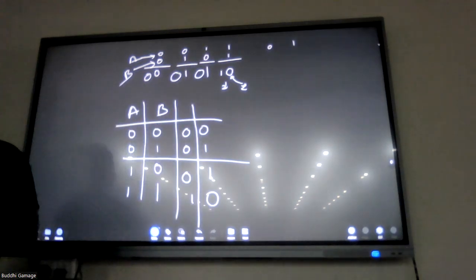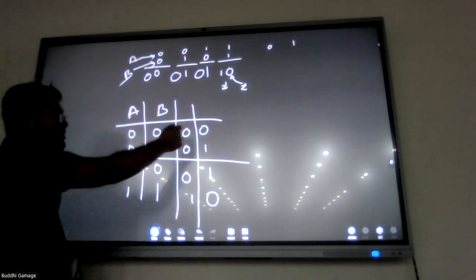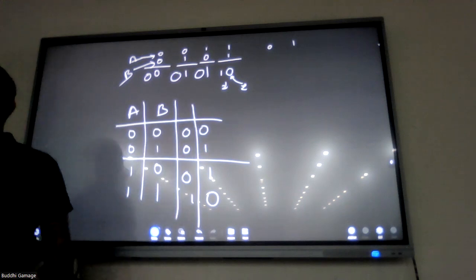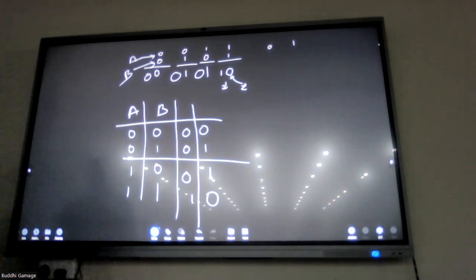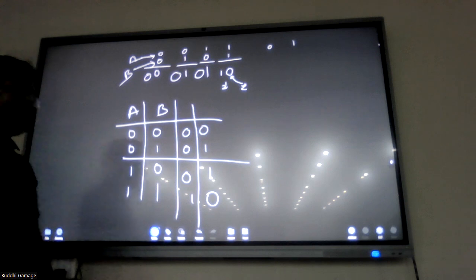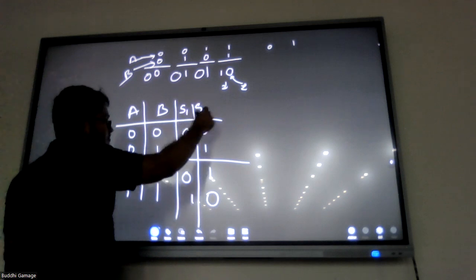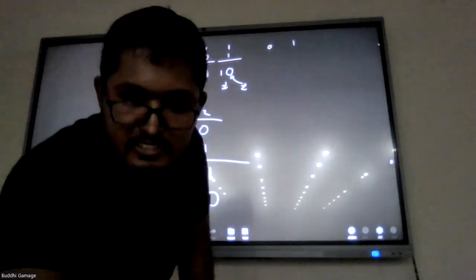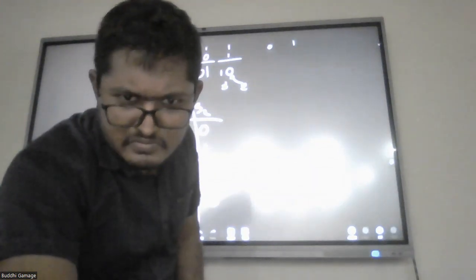Then how many outputs are there? 2 outputs, right? So let's say this is S1 and S2. So I think there is a correct name.